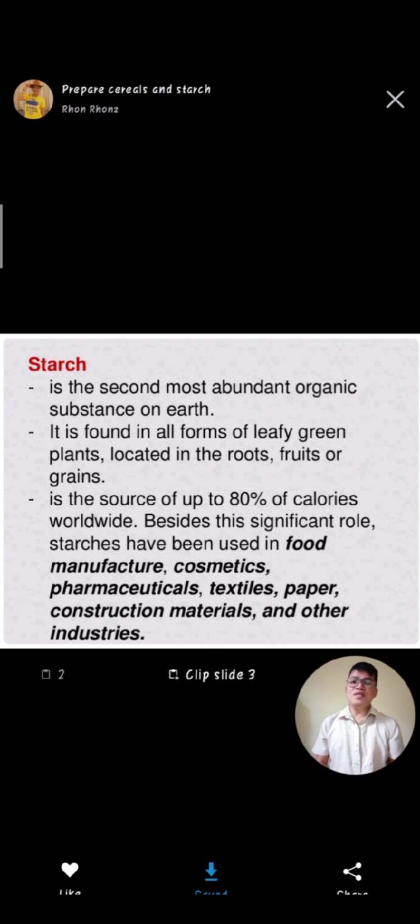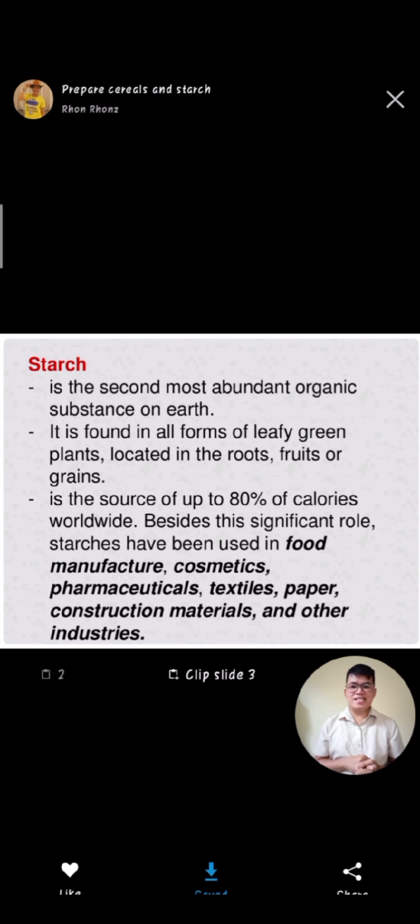Next, when we say starch, these are the second most abundant organic substance on Earth. It is found in all forms of leafy green plants, located in the roots, in fruits, or in grains. It is the source of up to 80% of calories worldwide.